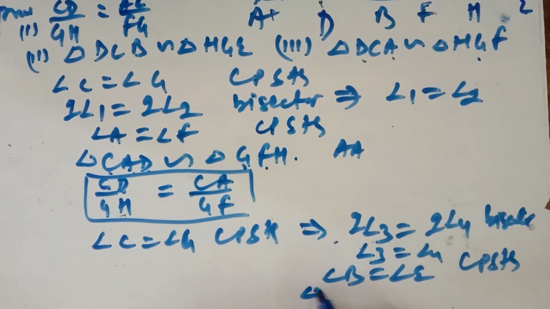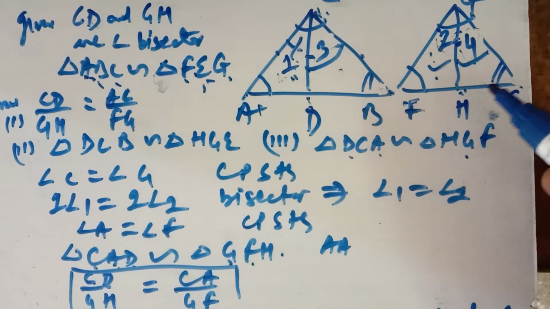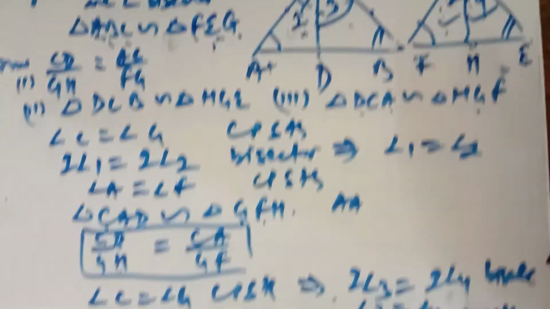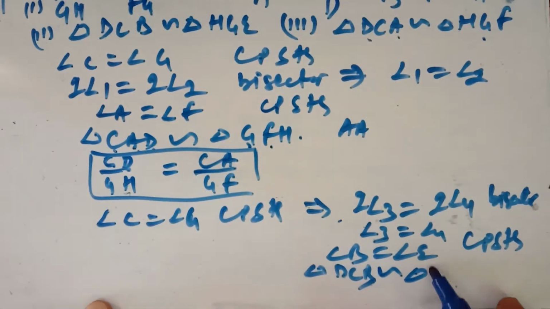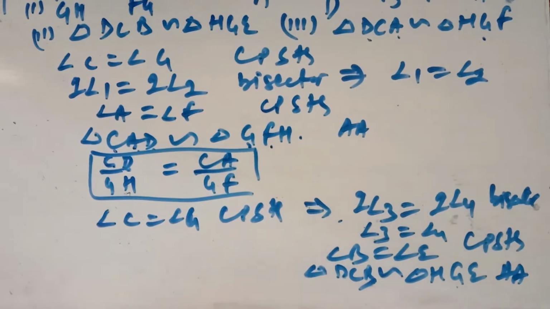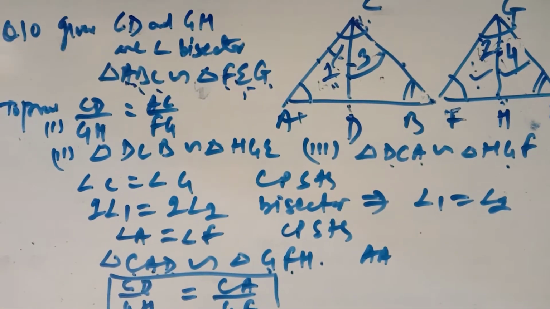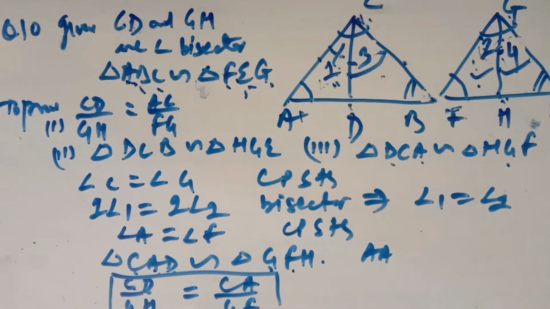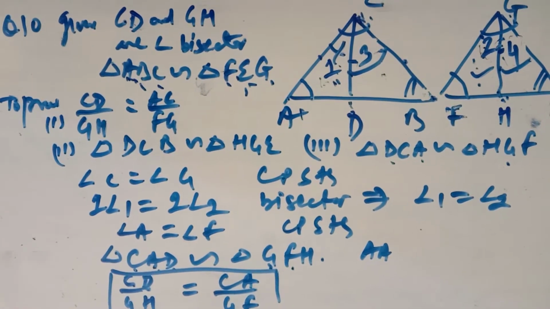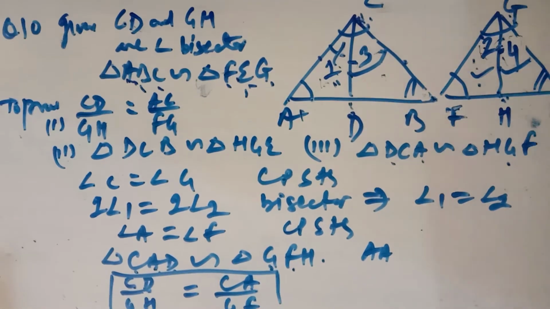So now we can say that triangle DCB is similar to triangle HGE by AA similarity. So good question it is. You have to take care of the corresponding sides of the triangles to be proved similar, and the angle bisectors are given. So this is question number 10.